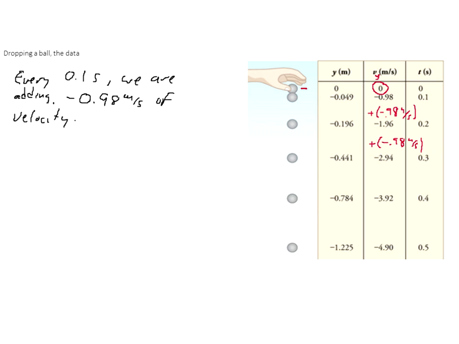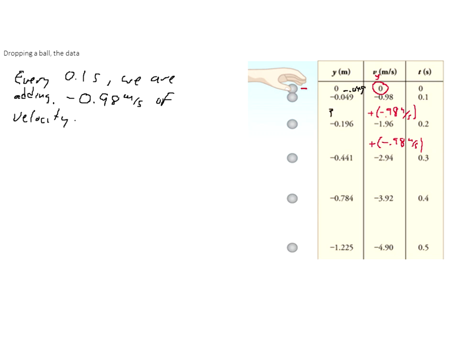So notice what we're adding here in displacement. The first time we're adding negative 0.049. So that's about 0.05.